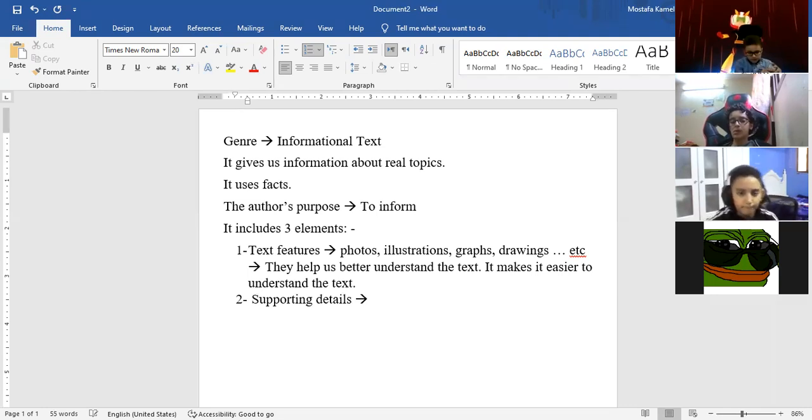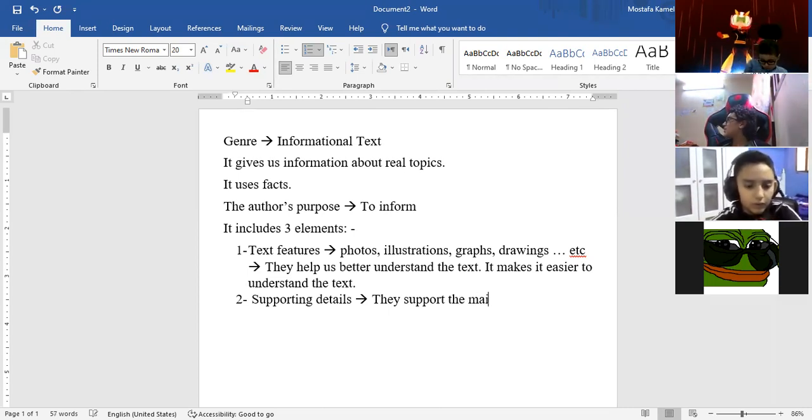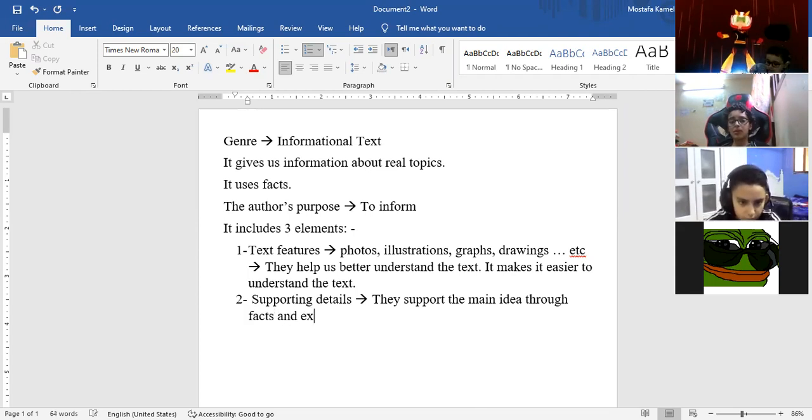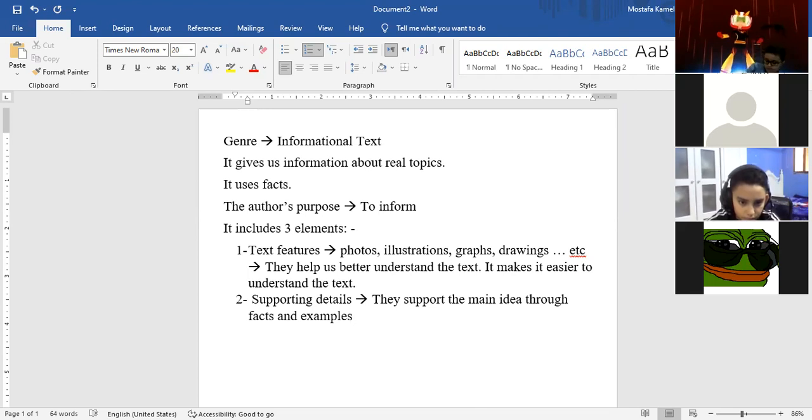What do the supporting details do? They support the main idea through facts and examples.